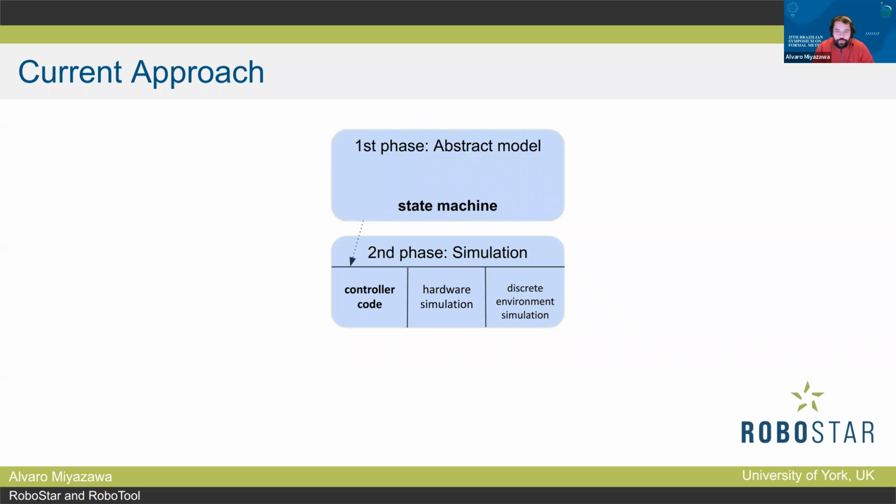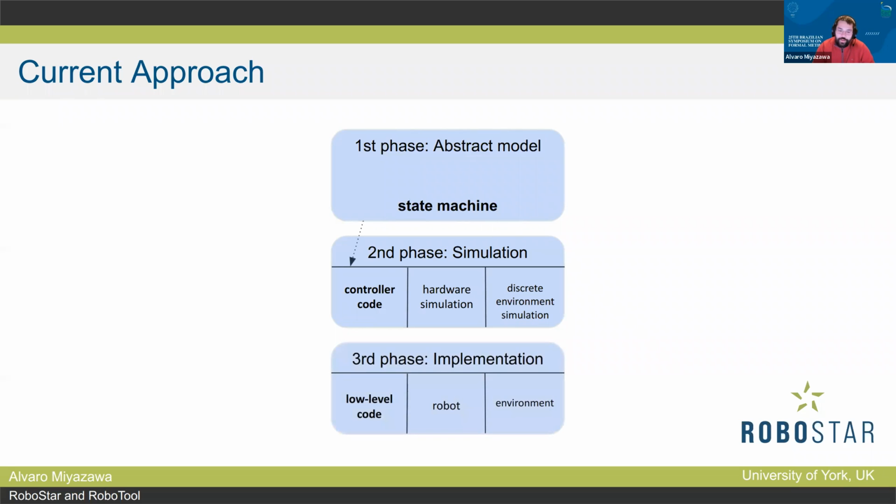So the connection between the state machine and the controller code is usually informal. And once the simulation is accepted as adequate, the controller code would be rewritten completely or adapted to work on a real robot. This would often involve changes to API calls, or even changes to parameters of the controller so that it works when you have the imprecision of the real world.